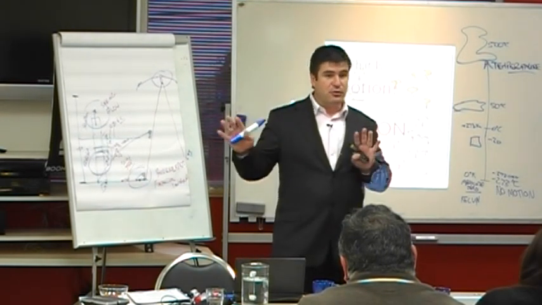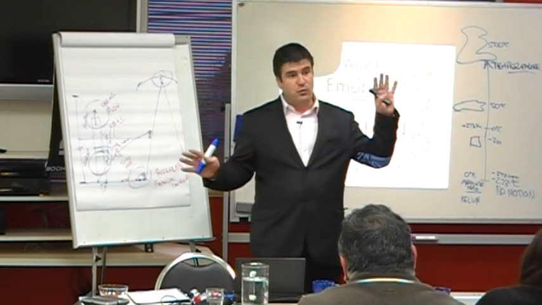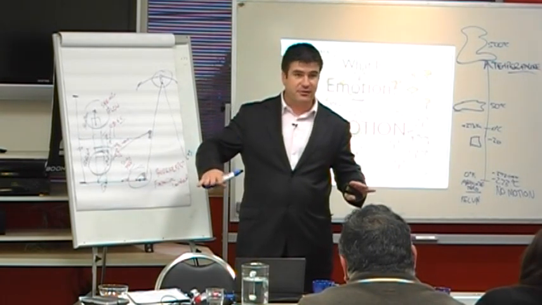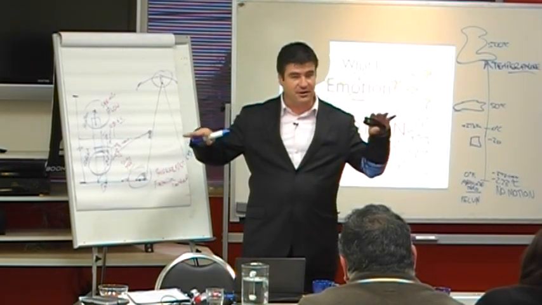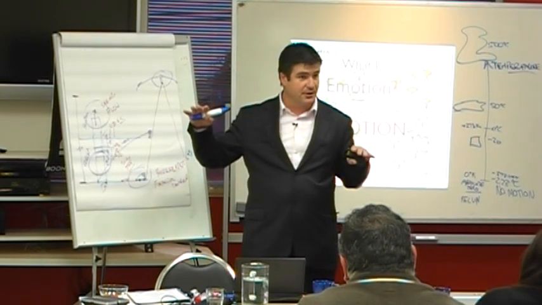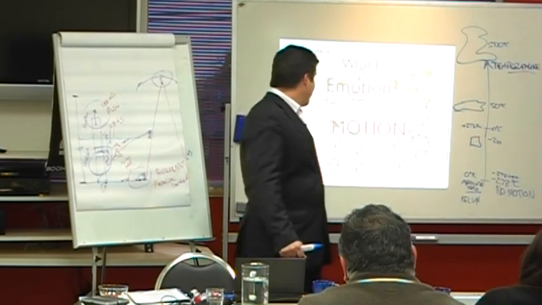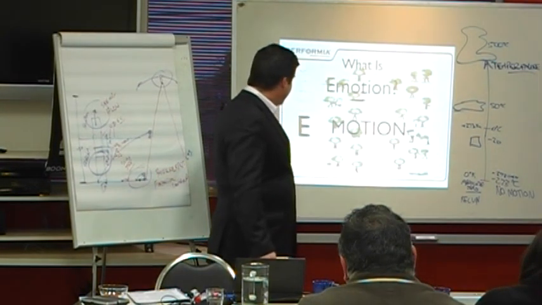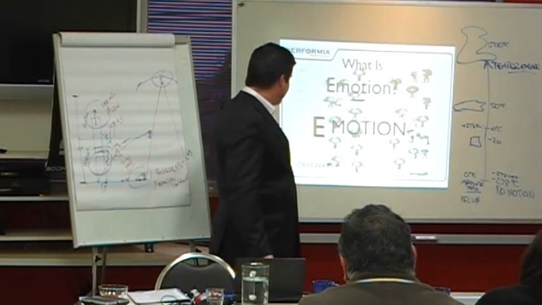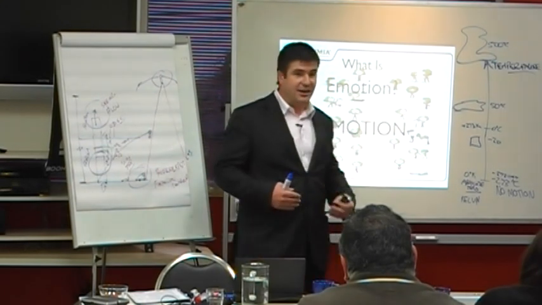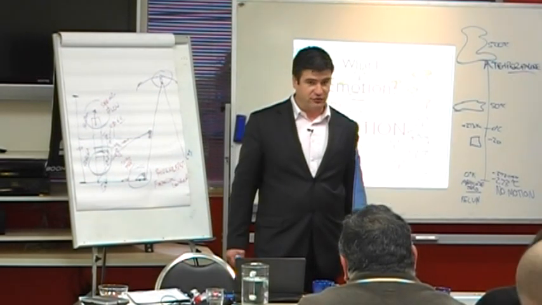If you have a hot room and a cold room, the hot room will cool down if you open the door, and the cool room will warm up, so one will slow down and one will speed up. And it's exactly the same with people. And the letter E for emotion actually means outward. So we're looking at the outward motion when we're looking at emotion.